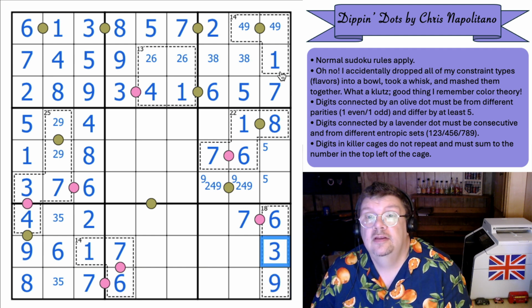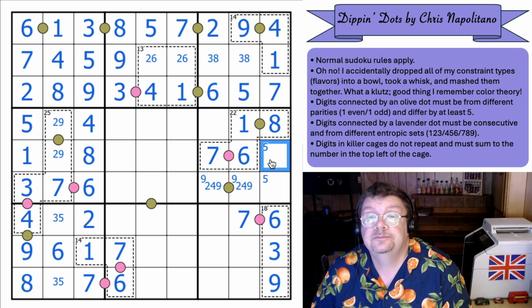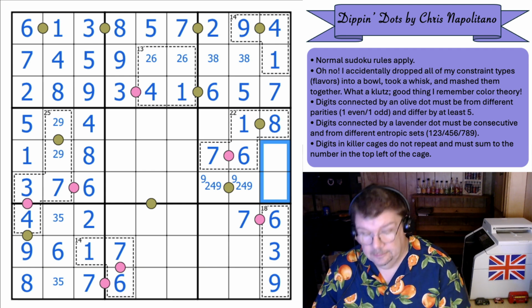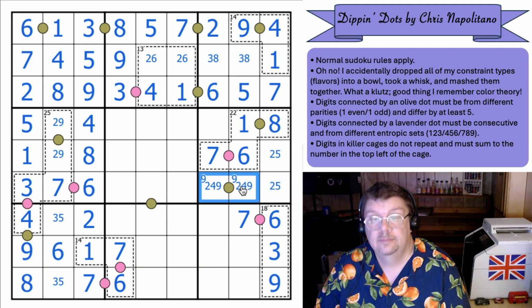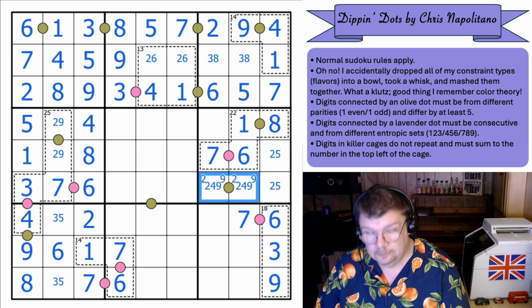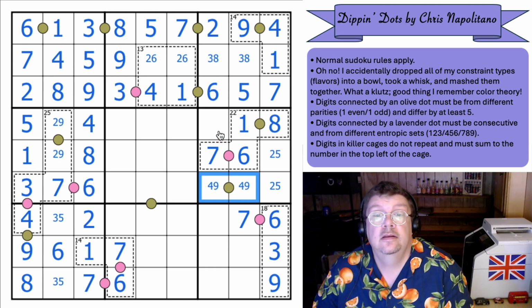Very nice. That 9 is now looking up to give me a 4 and a 9 there. This is a 5 and 2, which I don't know the order for yet, but that removes 2 from there. That's a 4-9 pair.